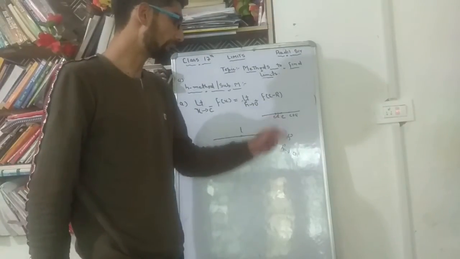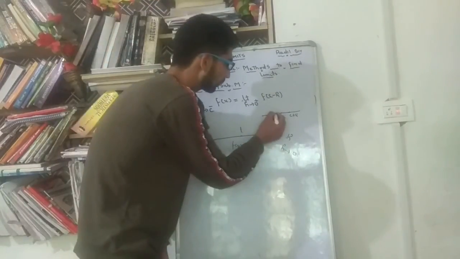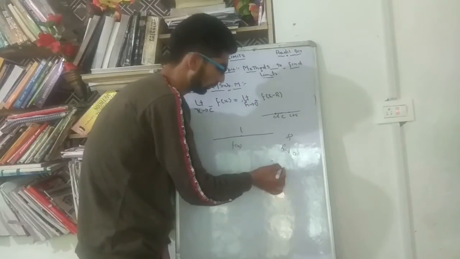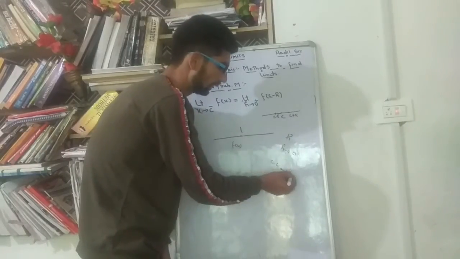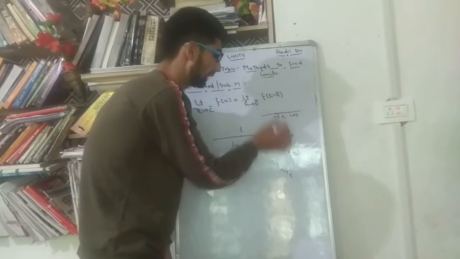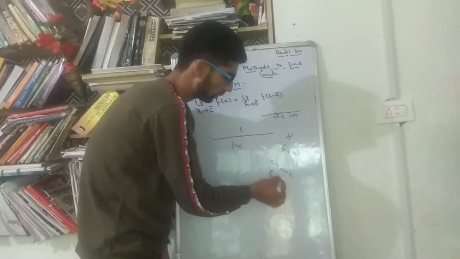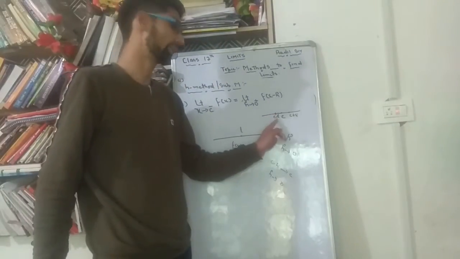But how is it possible? When I approach this point c minus h towards this C, it is possible only when I take the distance h approaching 0 but towards the right of this c minus h.